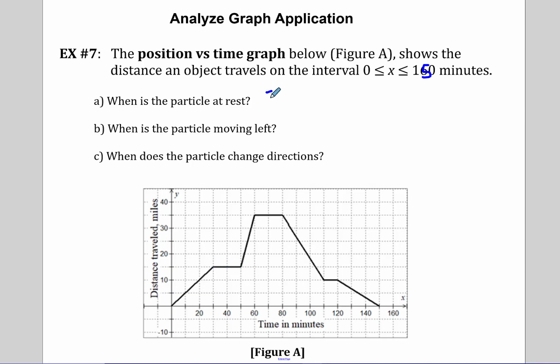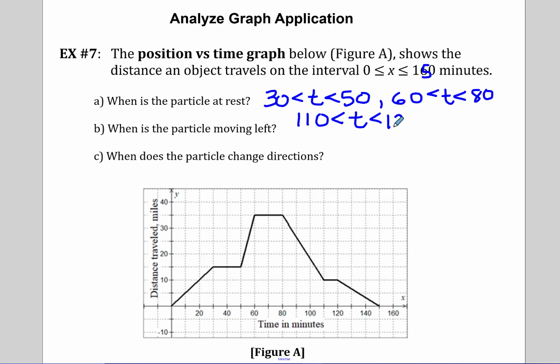So in between 30 and 50 minutes, the object or the car is at rest. It's also at rest between 60 and 80, and between 110 and 120. And all of these units are in minutes for our time.